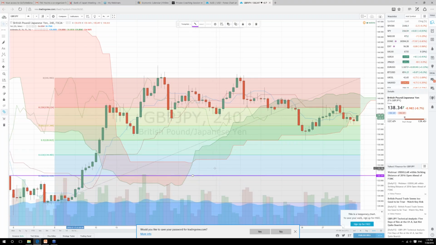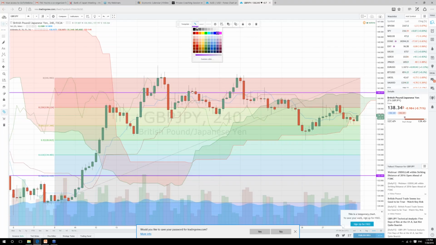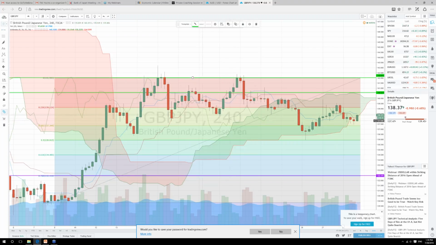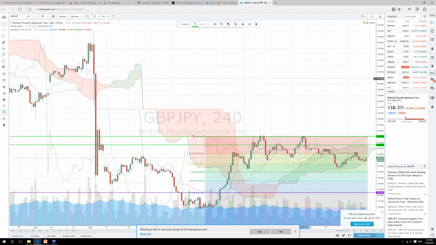In terms of resistance, one of the first resistance is the upper band of the HMO cloud, right? So this is for those of you who have lower risk tolerance. The next resistance is right here, the top of the double top, or the top of the Fibonacci, or however you want to look at it.